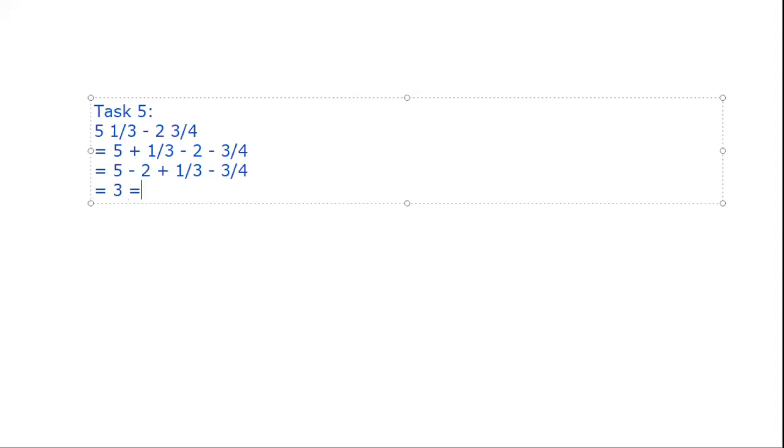Now you need to get into equivalent fractions. So you get 4/12 minus 9/12. Now you see the problem. So as some of you have done, you have split it into like this.